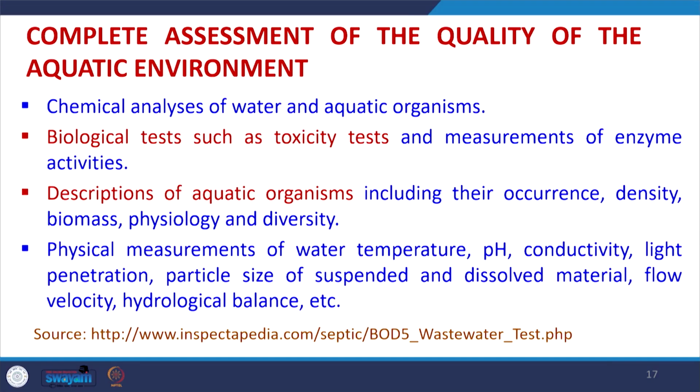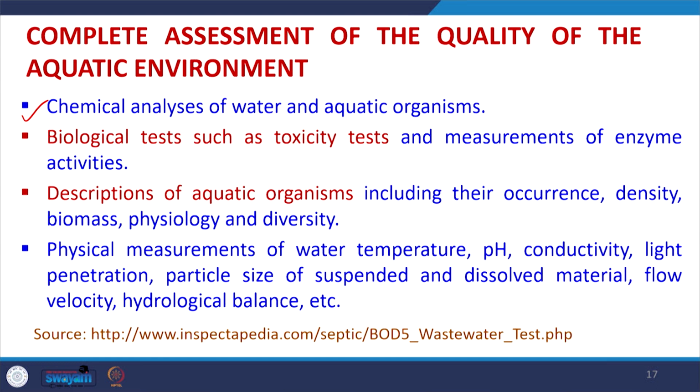For complete assessment of the quality of the aquatic environment, so for any water, if you have to determine the complete quantification, we have to perform the physical water quality parameters and all chemical water quality parameters.